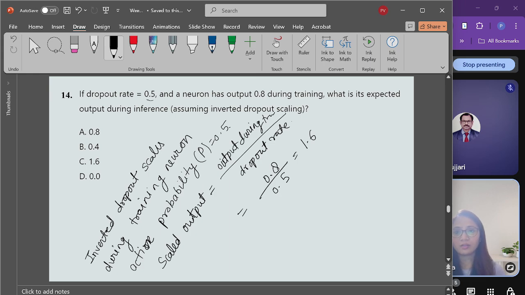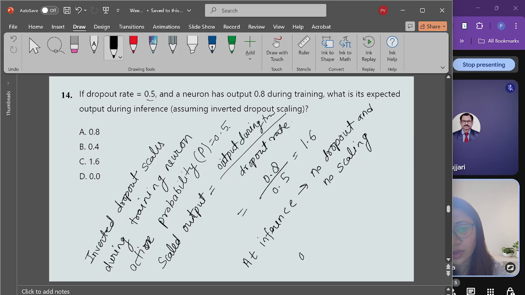But the trick is here. They are asking what is its expected output during inference, not training. At inference there is no dropout, so no scaling will be performed in that case.